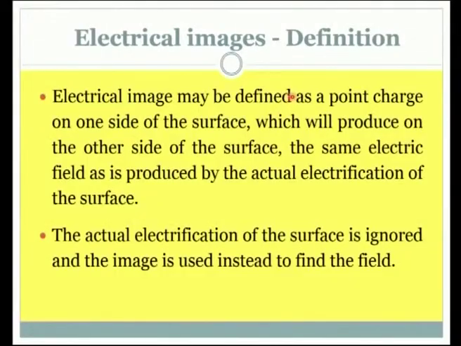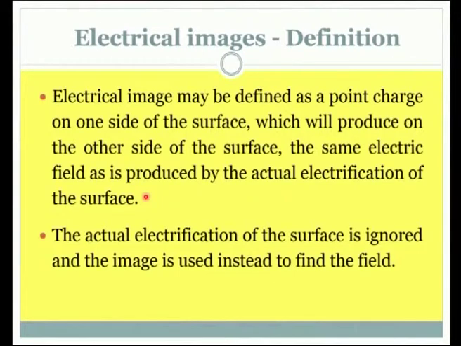We will see what definition we have for the term electrical image. Electrical image may be defined as a point charge on one side of the surface which will produce on the other side of the surface the same electric field as is produced by the actual electrification of the surface.